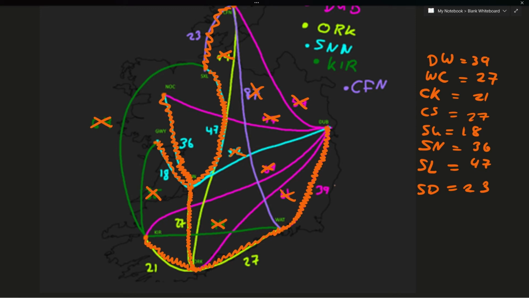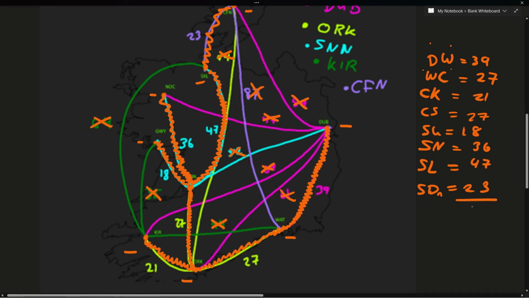I'll call this DN because we're out of Dublin. So Dublin is ticked off, Waterford, Cork, Kerry, Galway, Knock, Sligo, and Donegal are ticked off. Any other airports? Nope. So we're therefore finished with our algorithm.